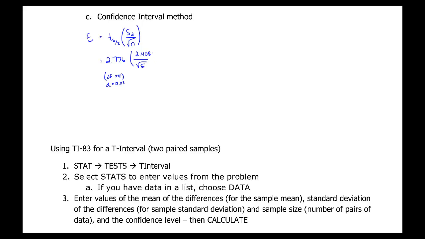Sample size is 5. And you get 2.99 for your margin of error. Then the confidence interval, we're going to take the mean of the differences plus or minus the margin of error. So the mean of the differences was 0.6. The margin of error is 2.99.